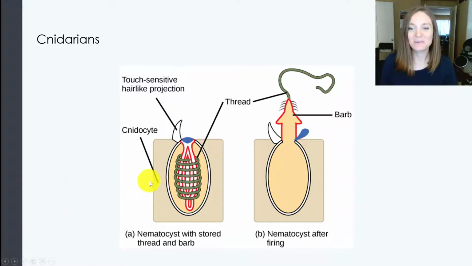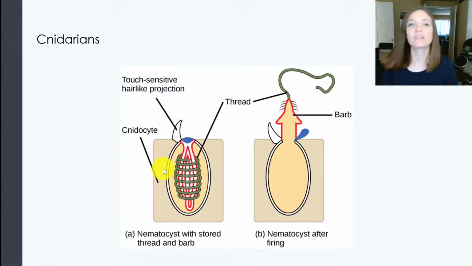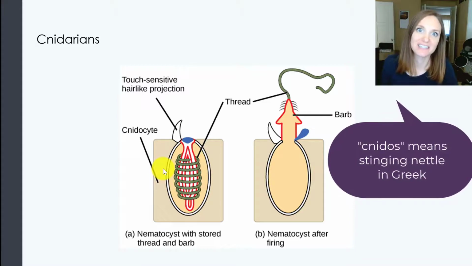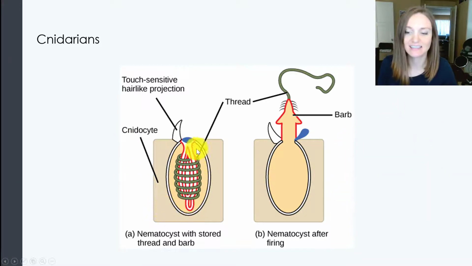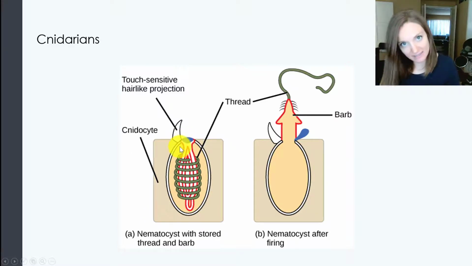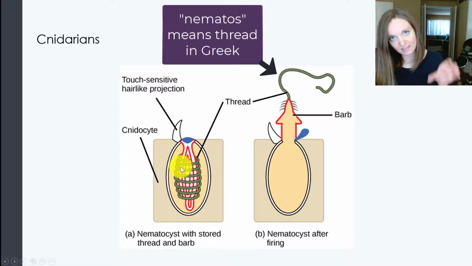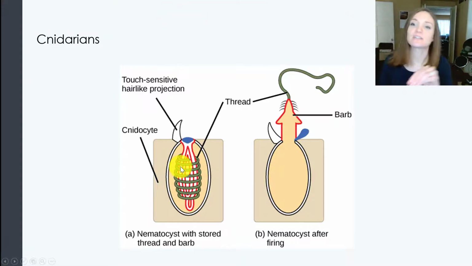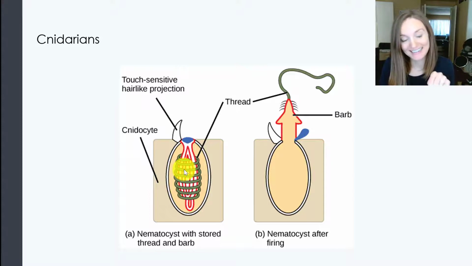A cnidocyte: the suffix cyte means cell, and cnido is in reference to cnidarian. These cells have specialized organelles inside of them called nematocysts. The cyte is the cell, and the nematocyst is the specialized organelle that contains basically a harpoon that's under pressure.